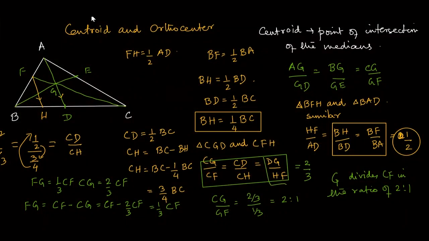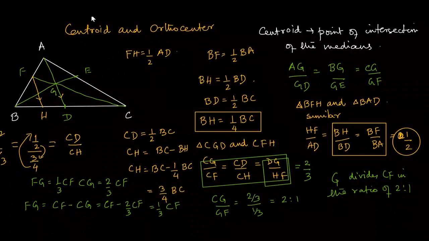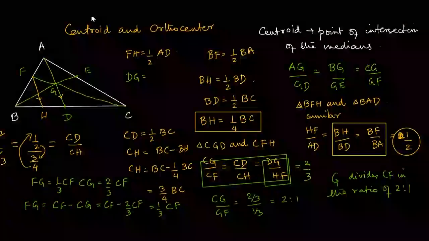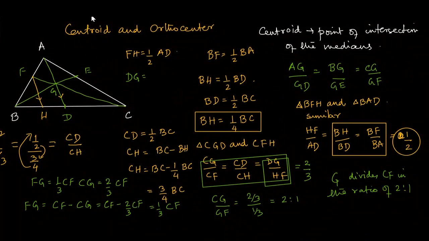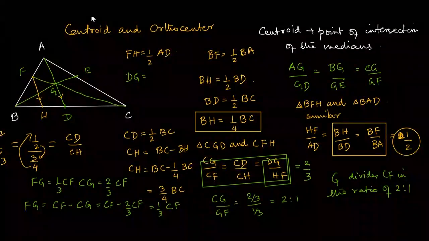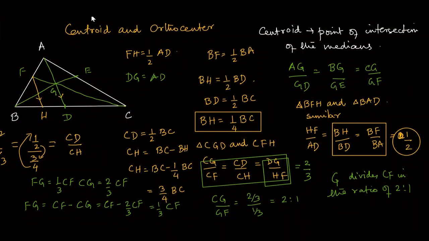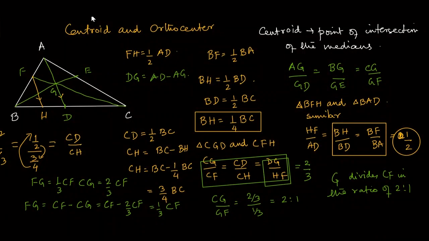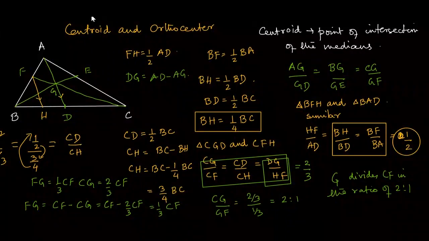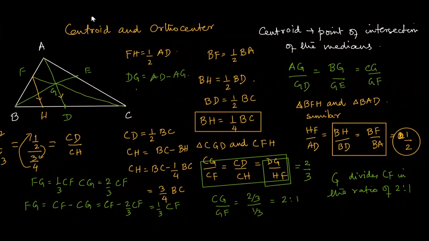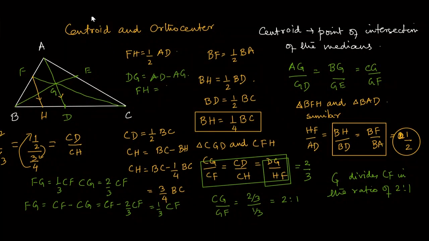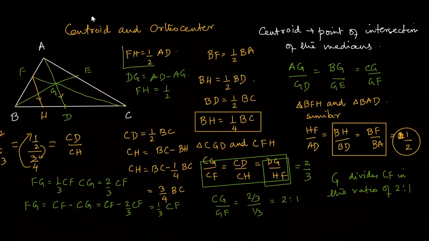Right? And we also have DG by HF is equal to 2/3. Now, what is DG? DG is nothing but AD minus AG, right? And FH is half of AD, that we have already seen.